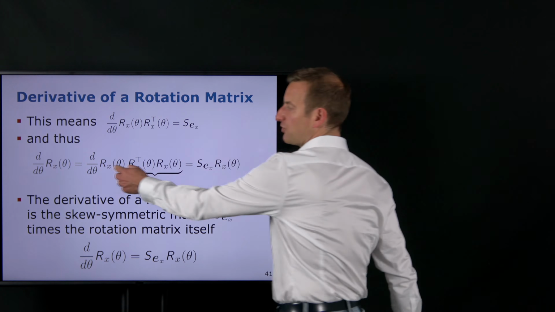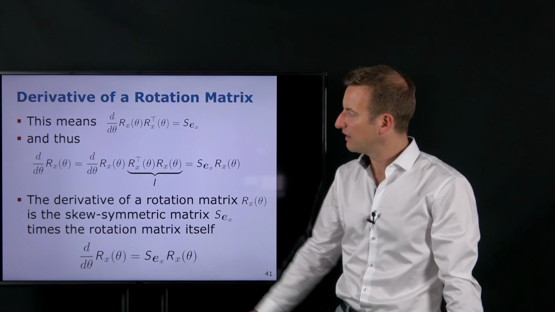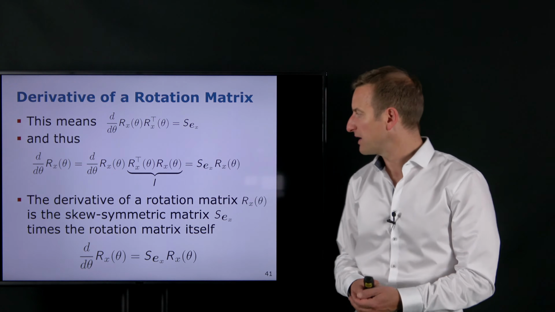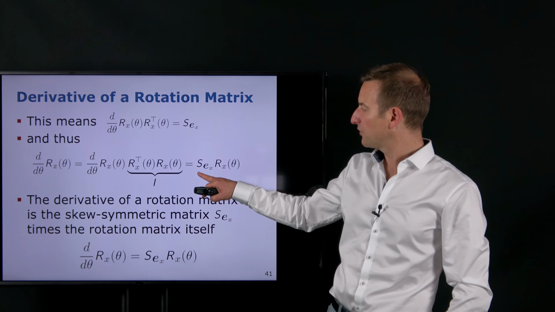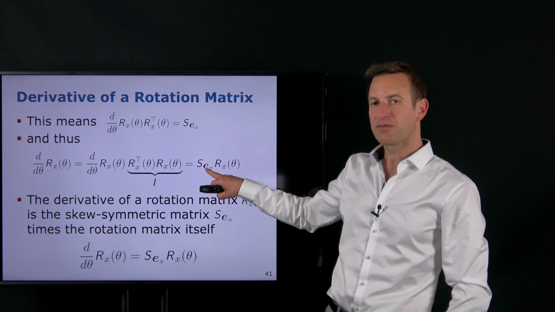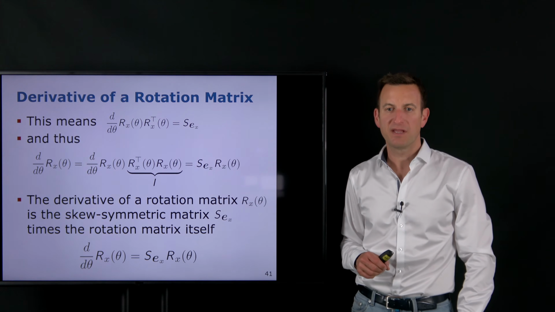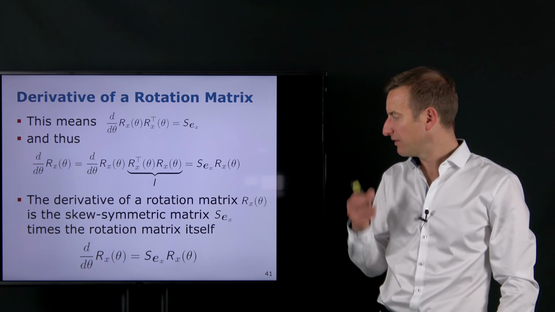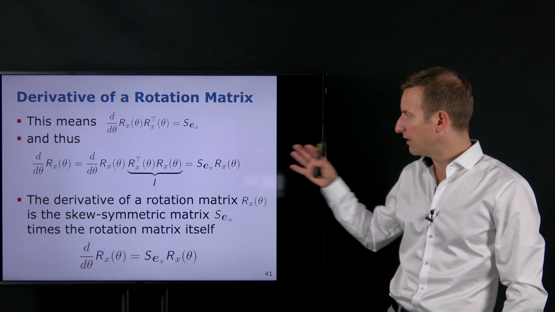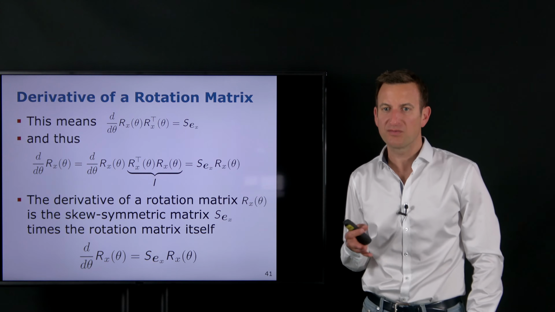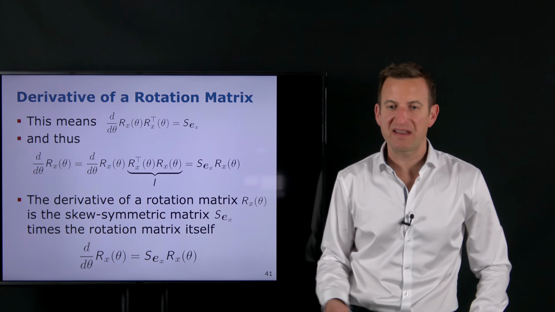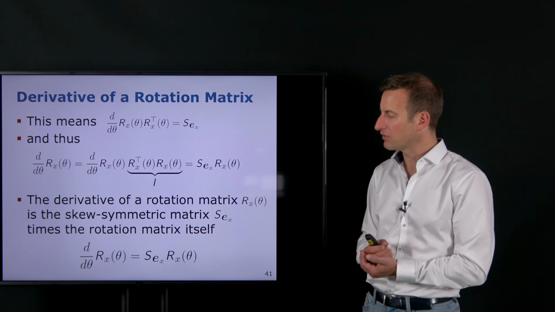And this now is an interesting relationship because it tells us that the first derivative of a rotation matrix is a skew-symmetric matrix defined through the rotation axis times the rotation matrix itself. And again, this holds not only for the x-axis over here, you can show this for the x, y and z axis, and also for any arbitrary rotation matrix.